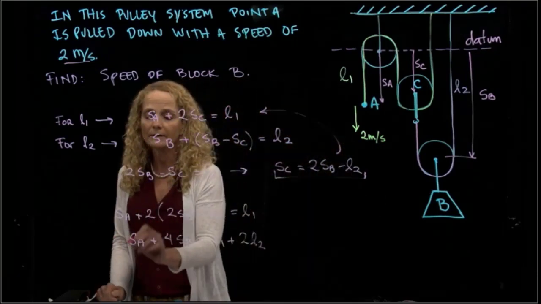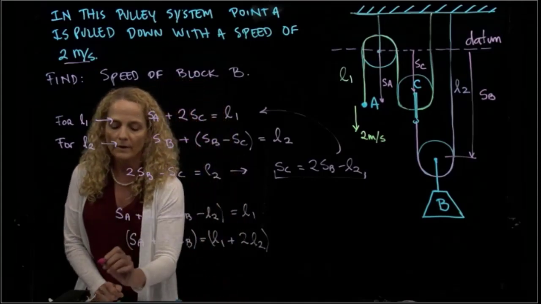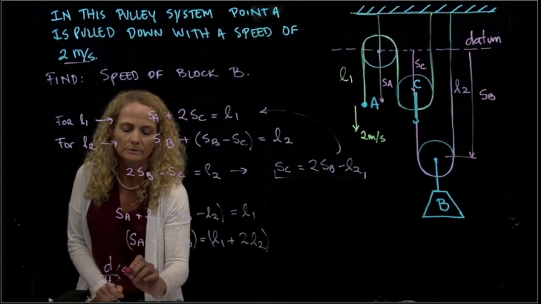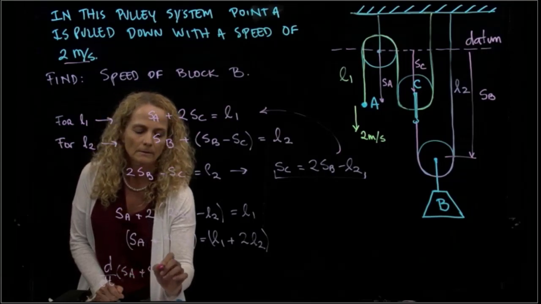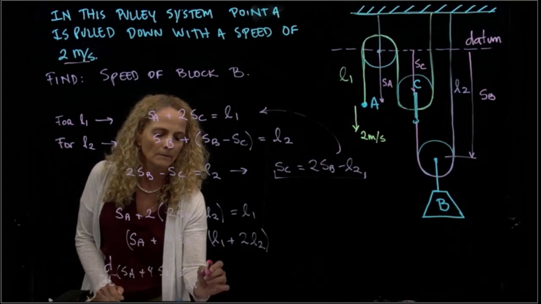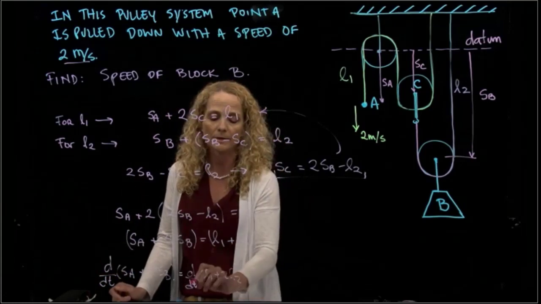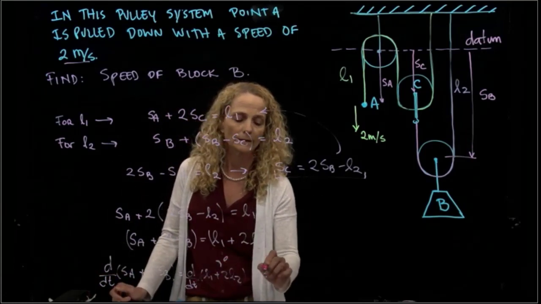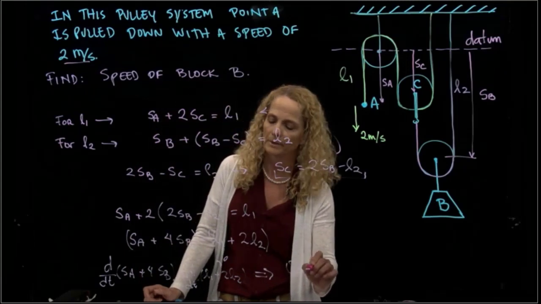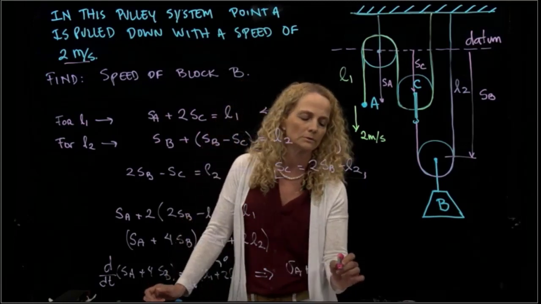So I'm going to derive both sides of the equation, right? You know that the derivative of a constant is 0. And then we get here, the derivative of those 2 gives us VA plus 4VB, velocity of B, is equal to 0.